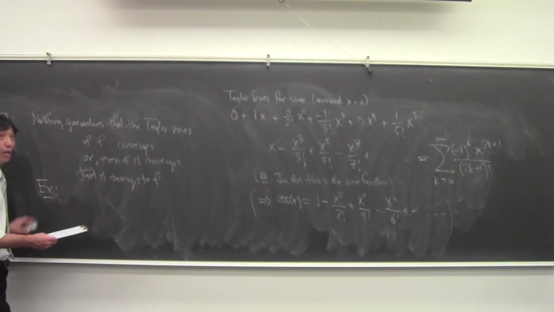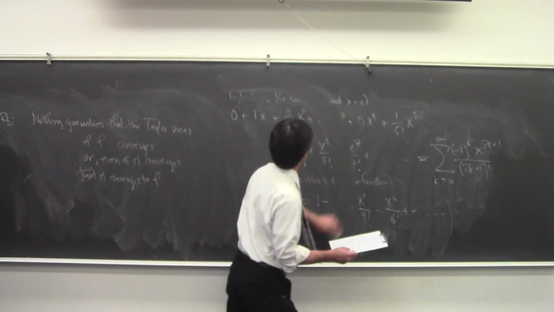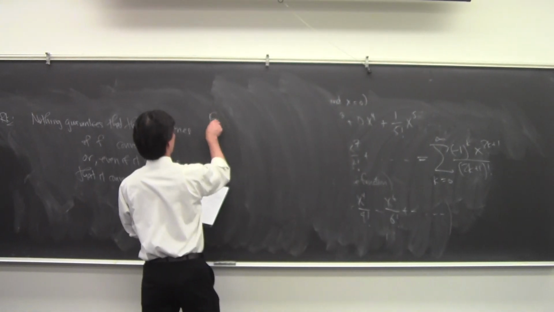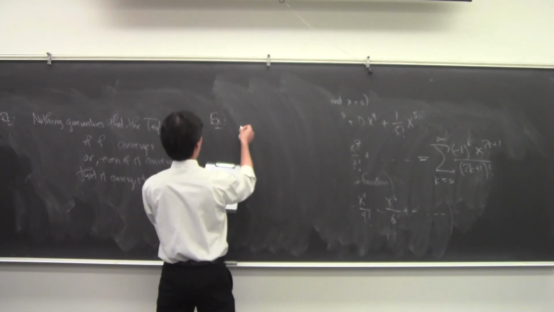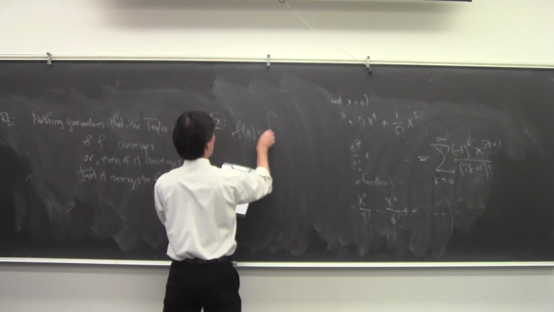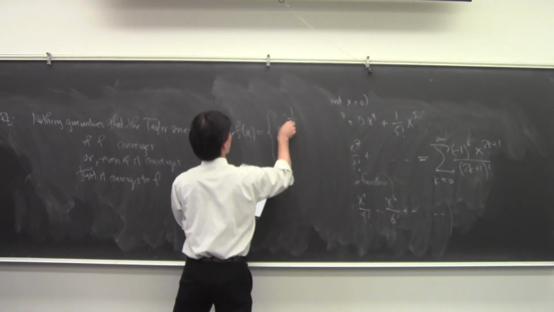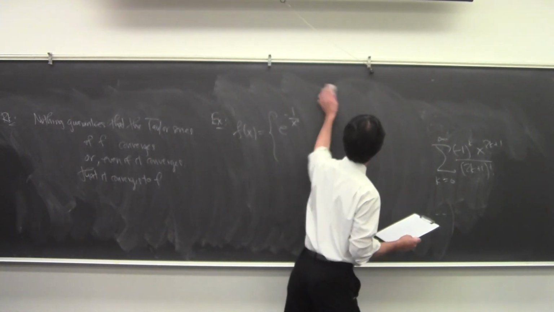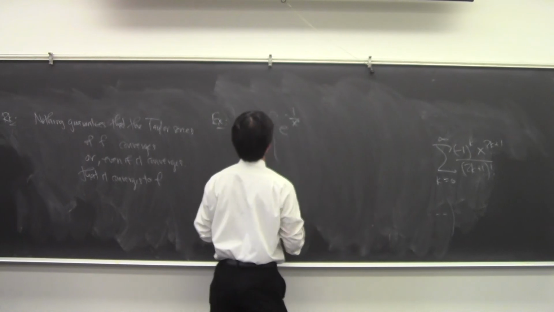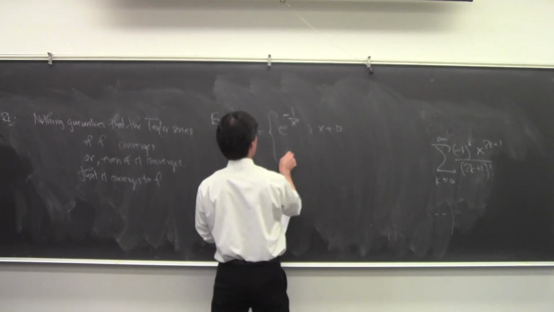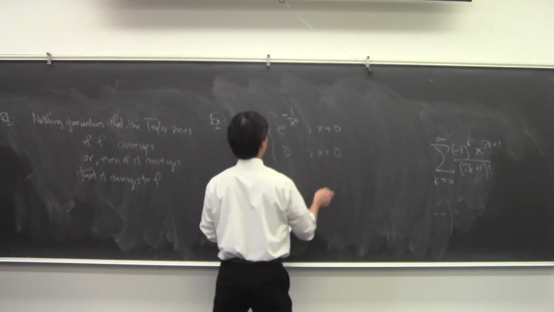Let me give you a case where things go bad. The function is e to the -1 over x squared where x is non-zero, and 0 where x is 0.